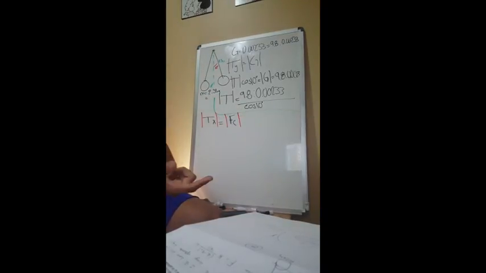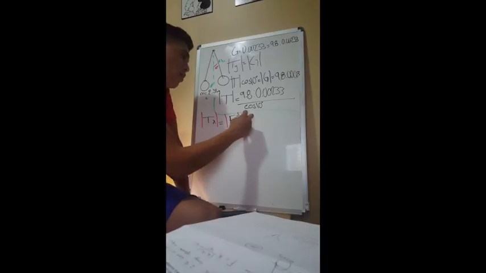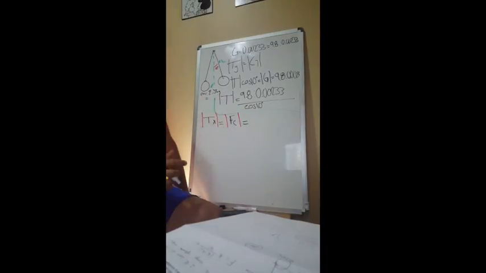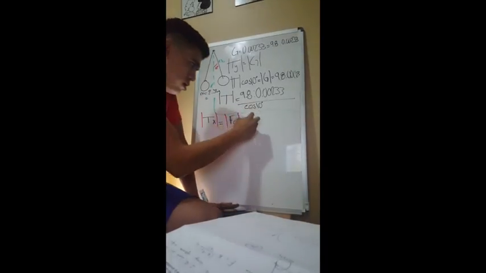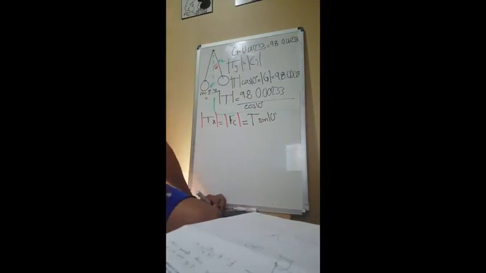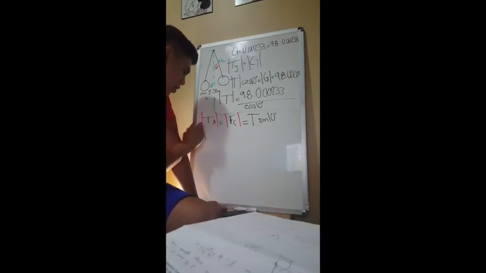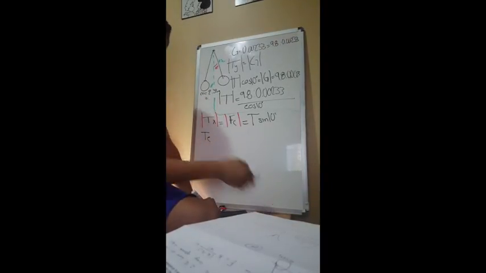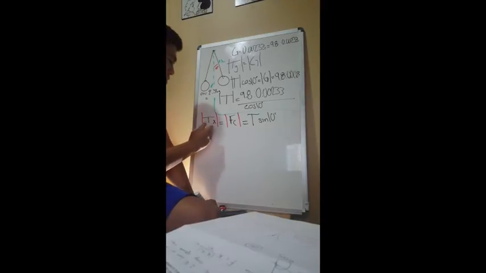This is the first step that we're gonna do, and then we're gonna equal this to T sine of 10, right? Then we can deduce that T, I'm sorry, FE, right?